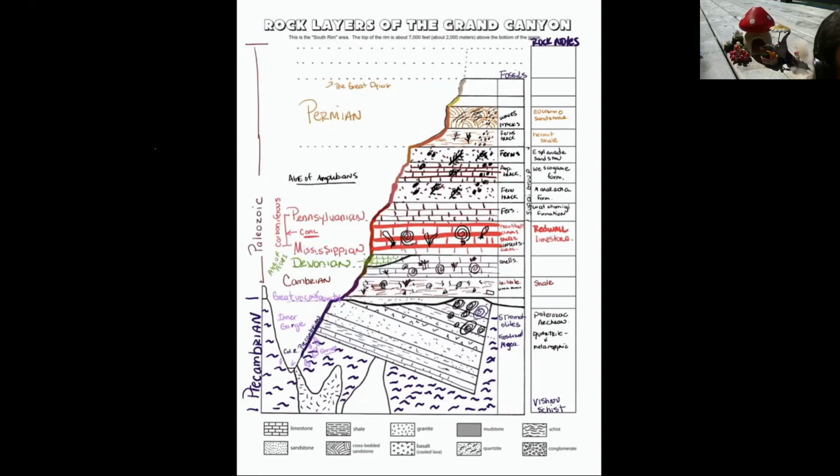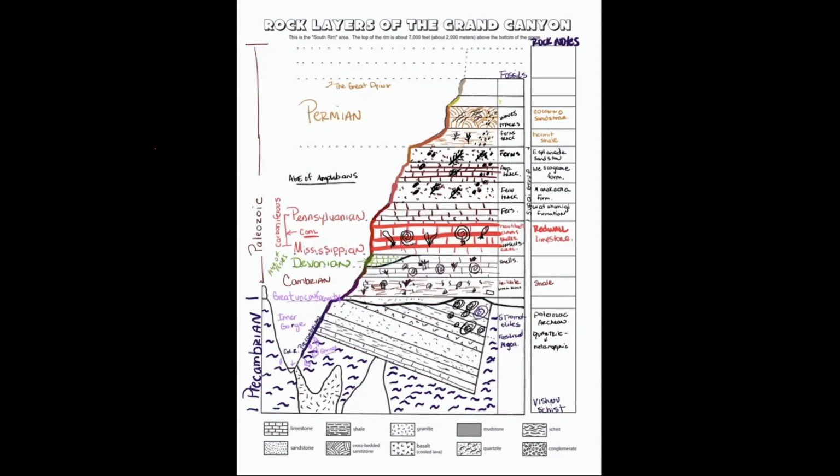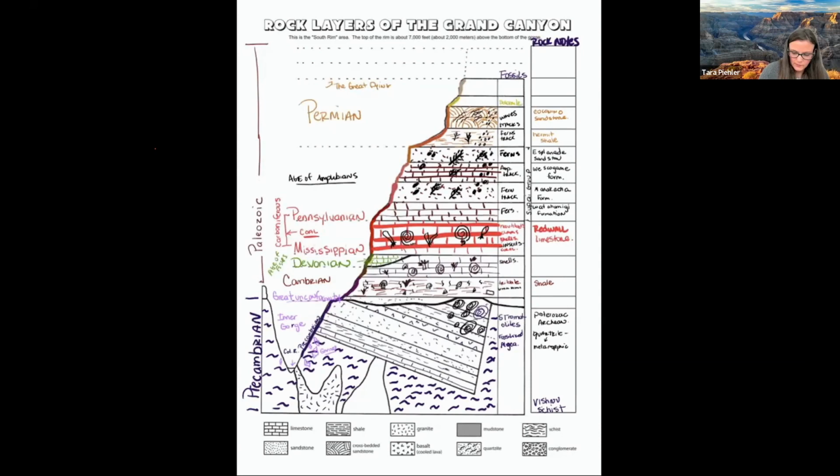And this next layer here is going to be called dolomite. Dolomite is like a limestone, surprise, surprise, right?